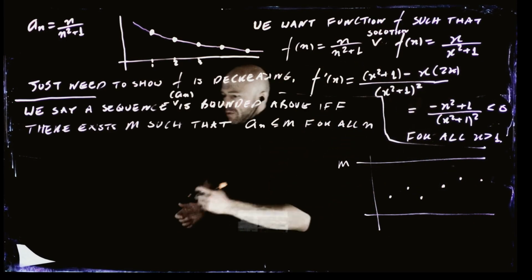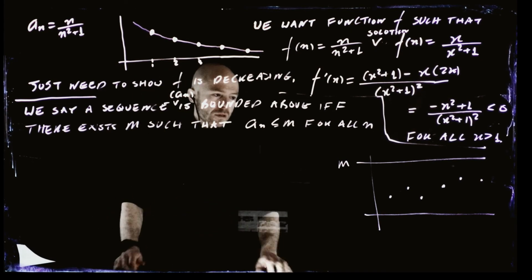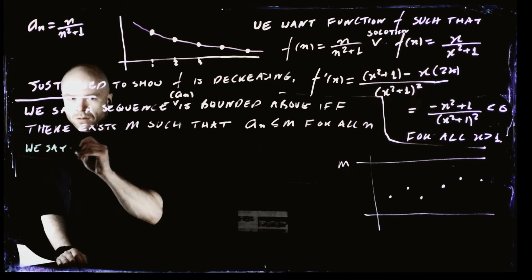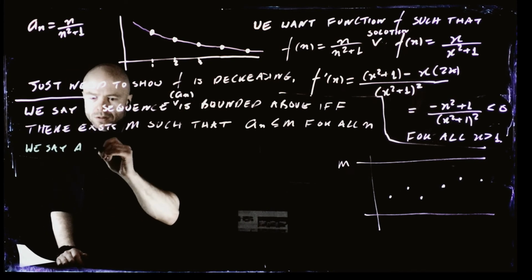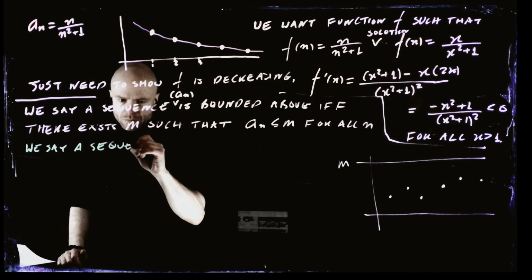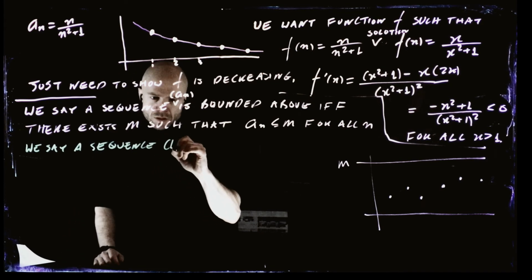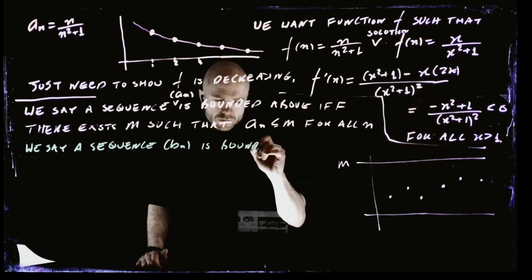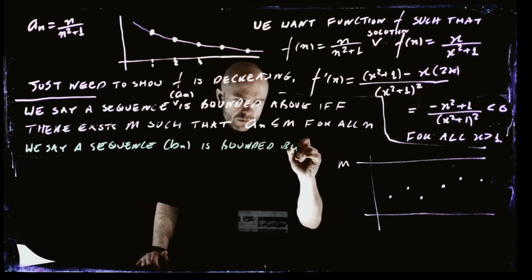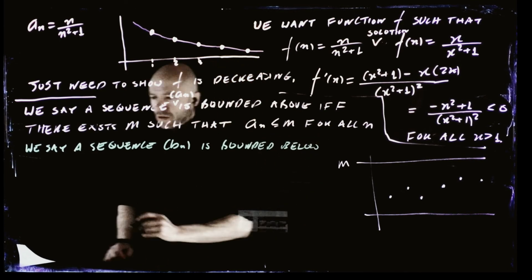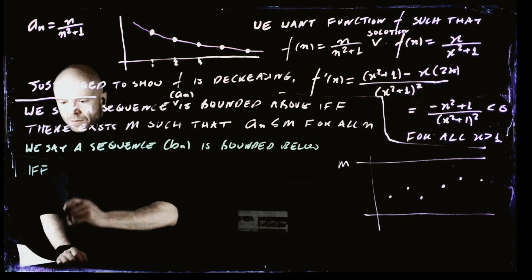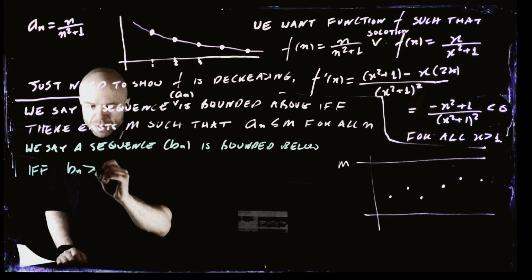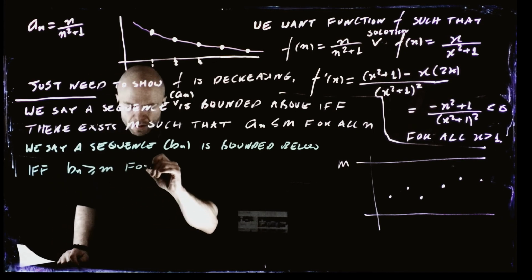And we say something is bounded below, a sequence b_n is bounded below if and only if the following is true: b_n is bigger than or equal to little m for all n.